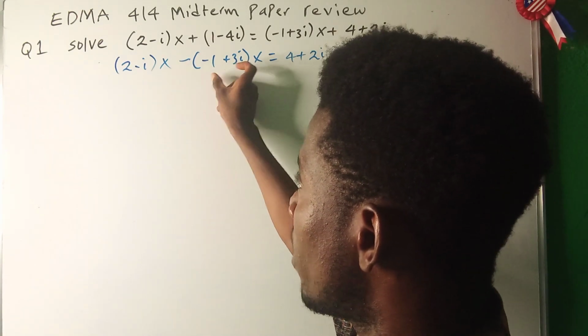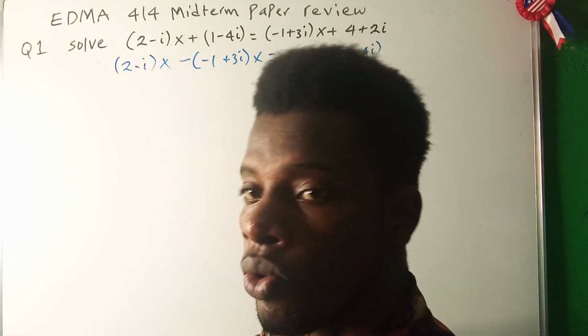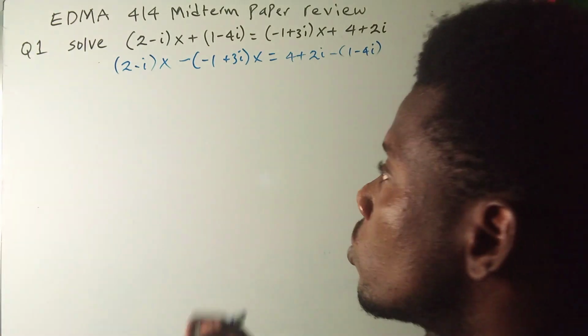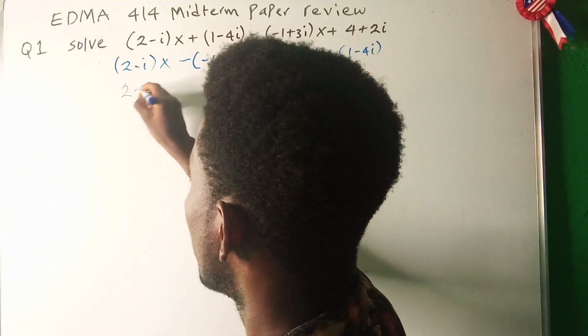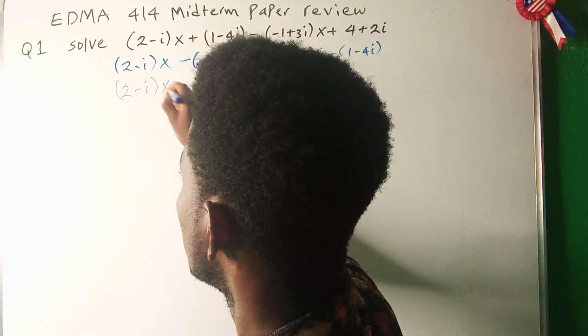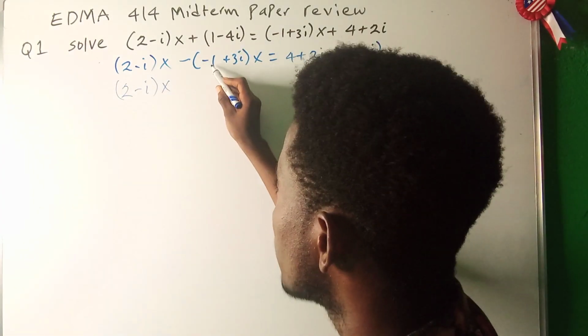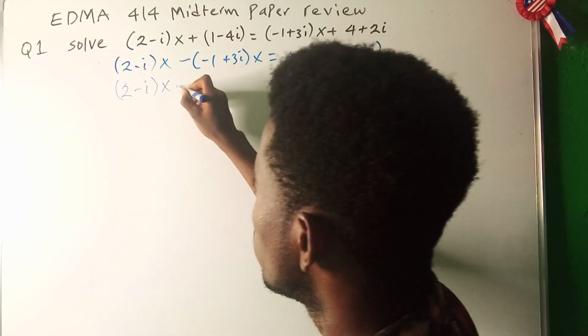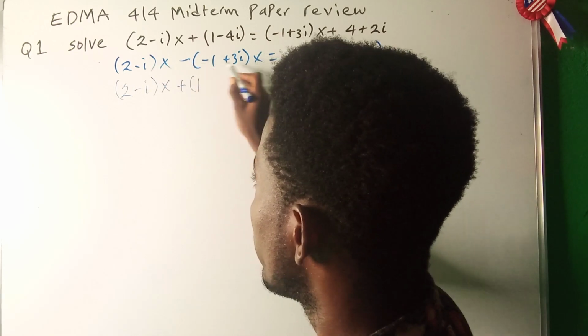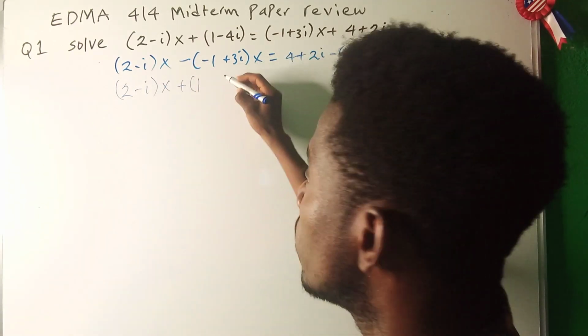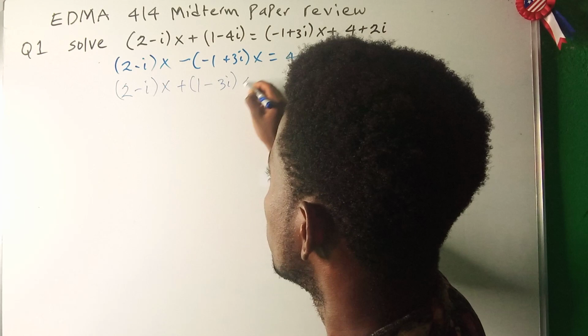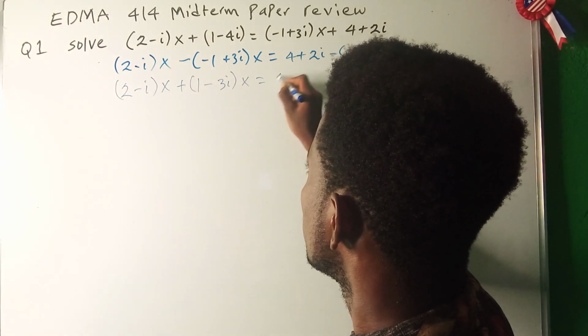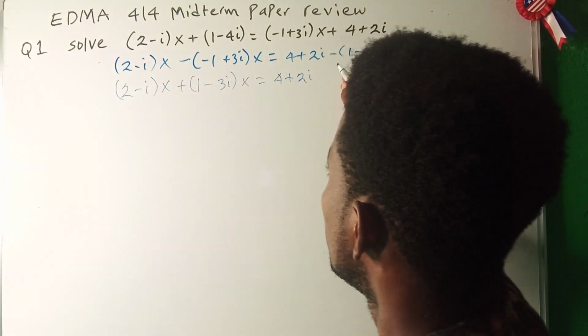You multiply this negative by everything in here, and then you can proceed from there. So we have (2 minus i) times x. Negative times negative 1, that's positive 1. Negative times positive 3i, that's negative 3i, all times x, is equal to 4 plus 2i, and then you multiply.